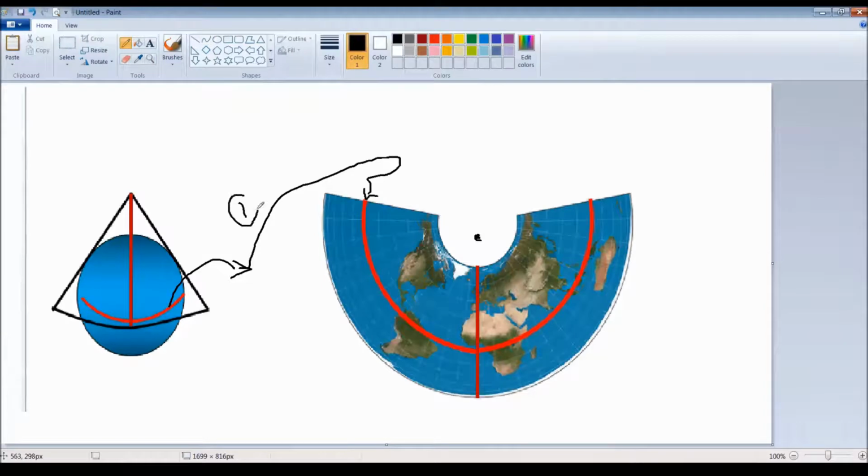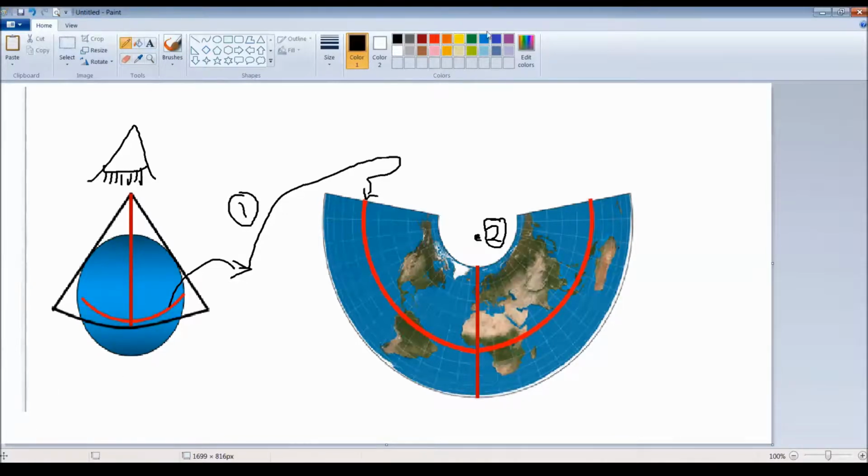So first thing is where the equator is going to be projected. It's going to be projected as a circle, or actually as a part of the circle if you don't complete the whole projection. And number two, the center of the circle is going to be the North Pole, which is here. You just think about you are looking this way. Very simple. If you are looking this way, and I'm going to show you an animation here of how the projection works, then you see the circle, you see the apex of the cone, which is going to be the North Pole.